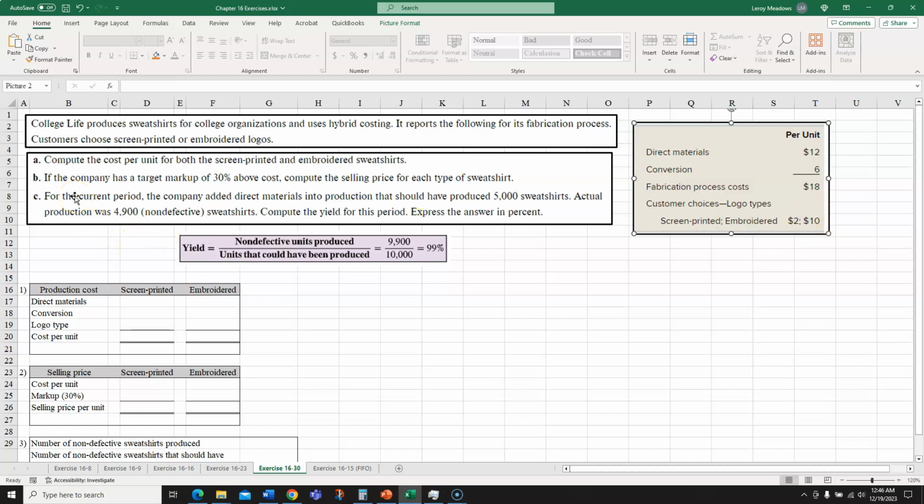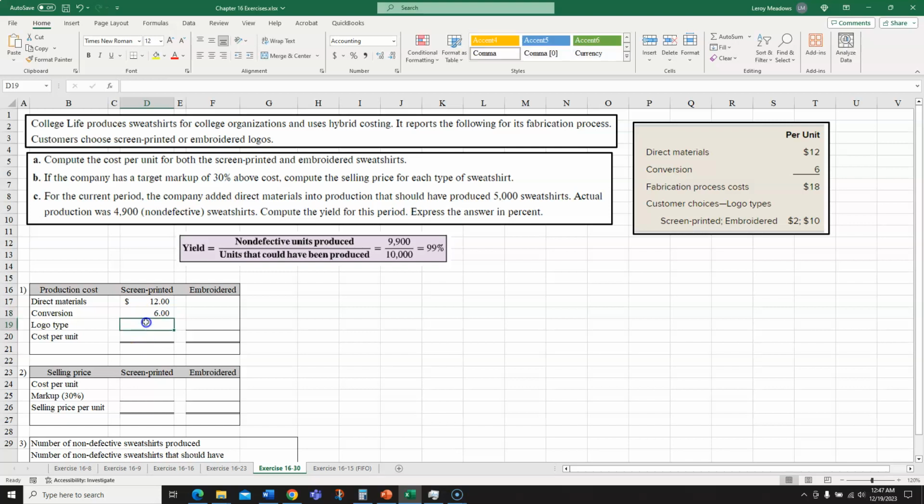Now we're asked to do a few things here. Compute the cost per unit for both the screen printed and embroidered sweatshirts. We want to get a per unit cost. They've already broken down some of this, so we just have to figure this out. Let's look at the screen printed first. Direct materials, $12 per unit. Conversion costs, $6 per unit.